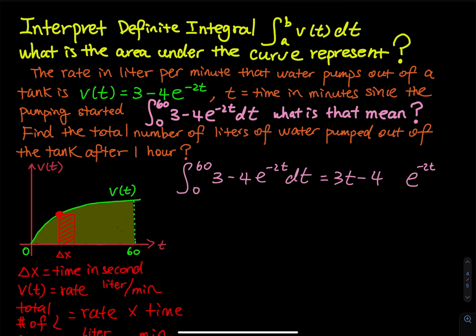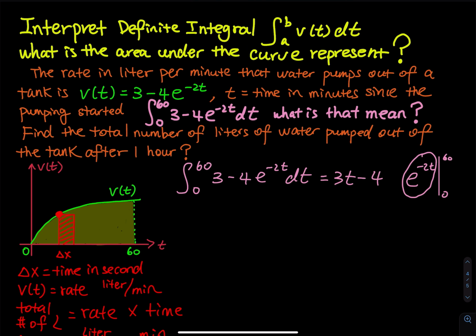But do you think this is right from 0 to 60? Can you tell me, is this right or wrong? 4 times e^(-2t). What do you get when you take the derivative? The 3t you can easily get back to 3. But when you take the derivative of e^(-2t), that generates a negative 2 due to the chain rule.